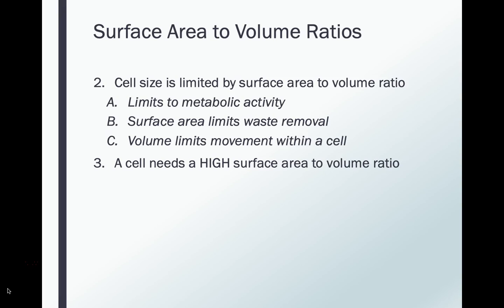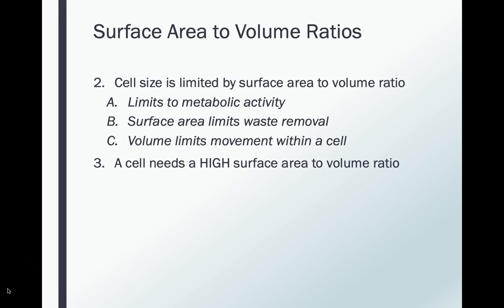If the volume is too high for the available surface area, that limits the amount of metabolic activity that it can perform. The cell simply cannot keep up with the amount of energy it needs, the amount of proteins, the amount of molecules it needs to produce in order to keep up all of its processes if the volume is too big.